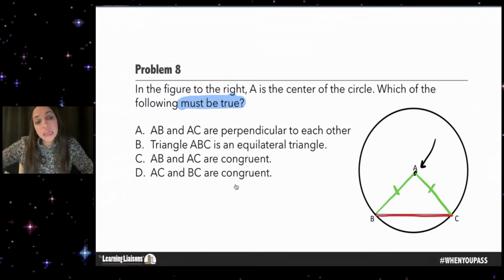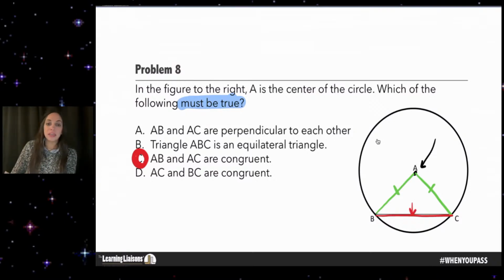Sure. Could it be an equilateral triangle? It could. Could AB and AC be perpendicular? It could, absolutely. But none of those are 100% definite. The only thing that's 100% definite is that AB and AC are congruent. They are equal because they are radii. AC and BC do not have to be congruent because this is not a radius. They don't have to be perpendicular. And it could be an equilateral triangle, but there's nothing in this problem that's proving that.